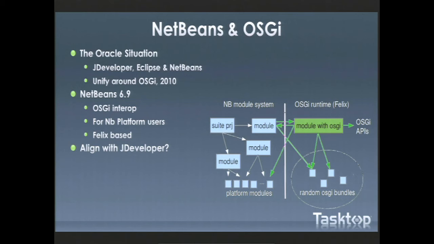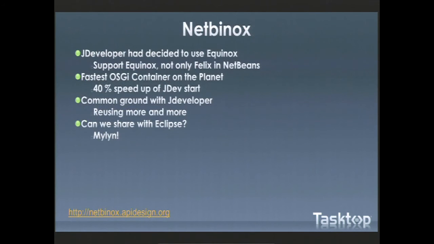Okay, so basically that was the public plan. Support OSGi, allow you to share bundles on your client as well as on the server. But the hidden agenda was we can hopefully align with JDeveloper. So I guess it was in the middle of 2010 when finally the Oracle guys started to talk to us.